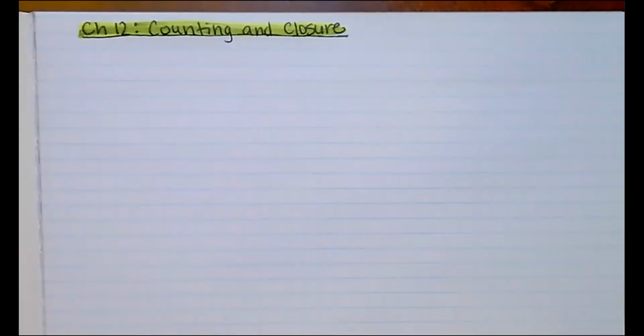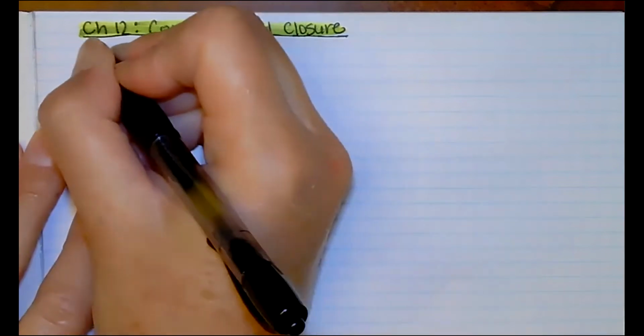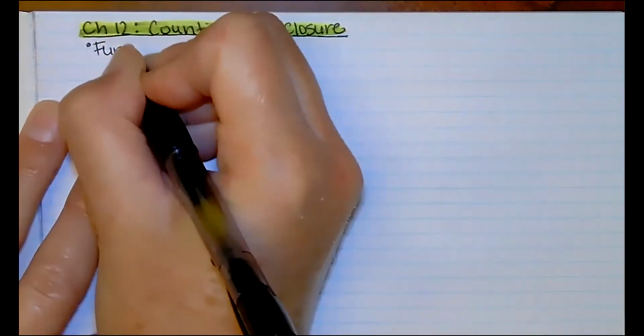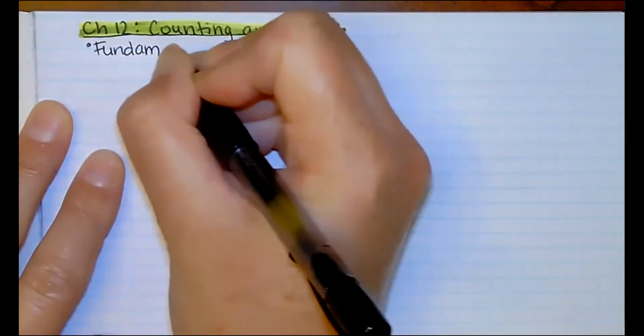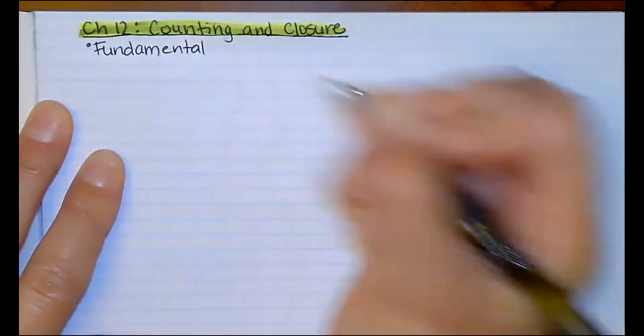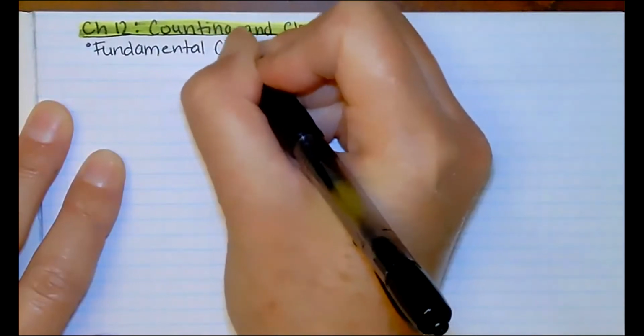And in this chapter, we're going to be learning 3 ideas: fundamental counting principle, permutations, and combinations. Today, we're going to be focusing on the first one, fundamental counting principle.